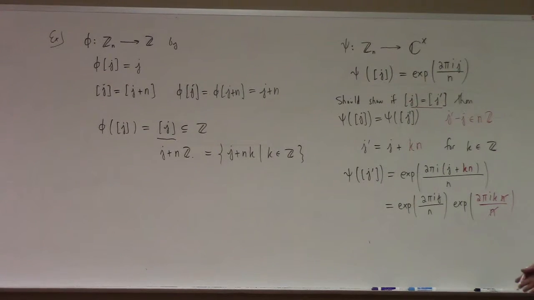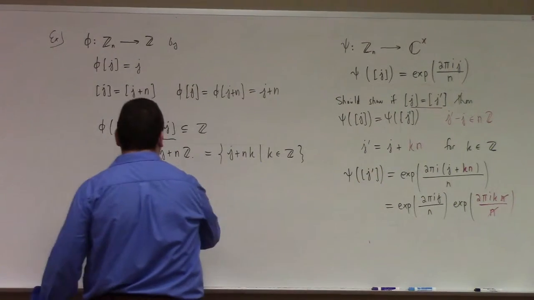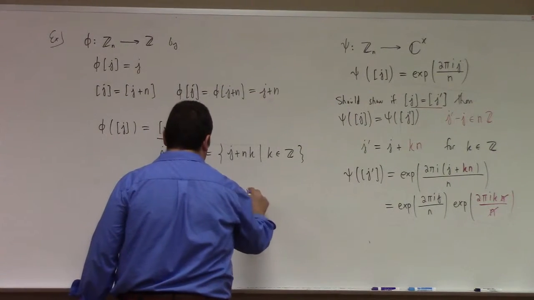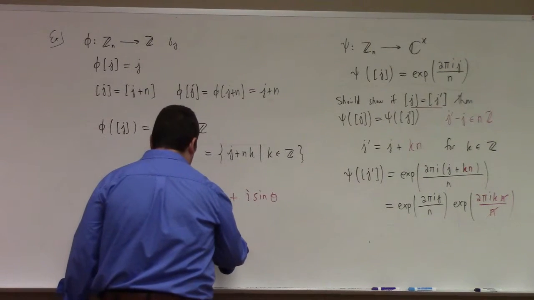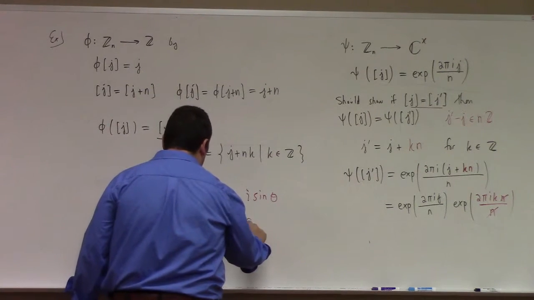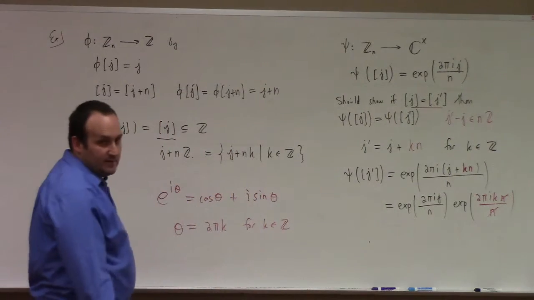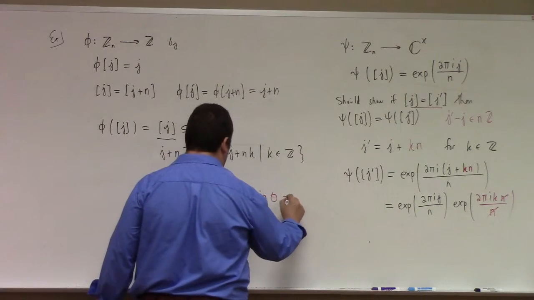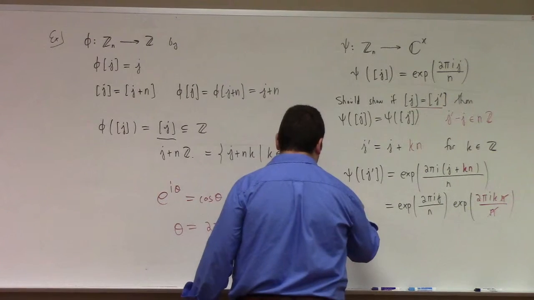That's because of how sine and cosine work. So the thing is, e to the i theta is cosine theta plus i times the sine of theta, right? So if you put theta equal to 2 pi times k for k an element of the integers, then this just gives you cosine of 2 pi k plus i times the sine of 2 pi k, right?